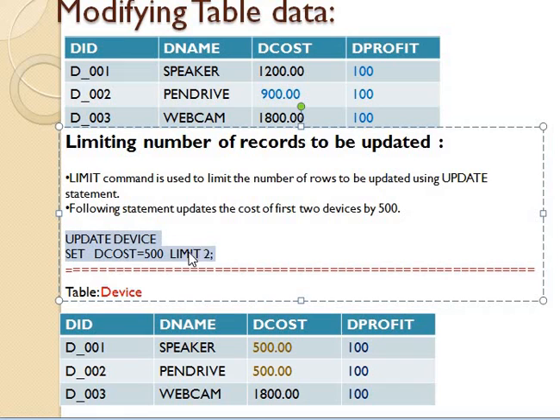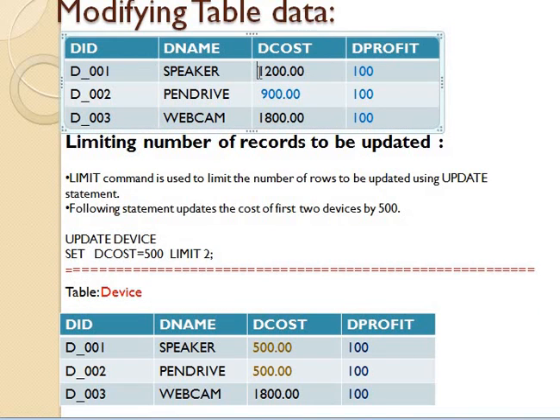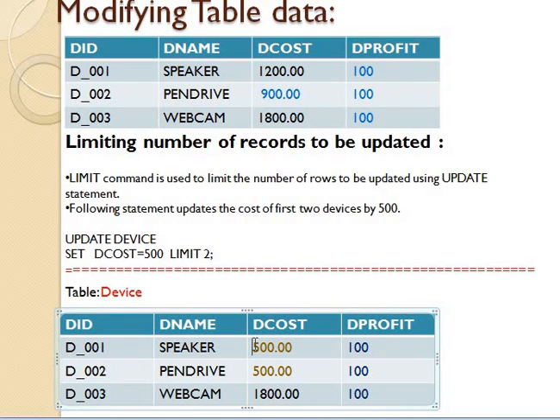Once I execute this SQL statement, you will see that the values 1200 and 900 under the dcost column have been modified to 500 for the first two devices, speaker and pen drive. So the second table shows the updated value of dcost for the first two devices, speaker and pen drive.